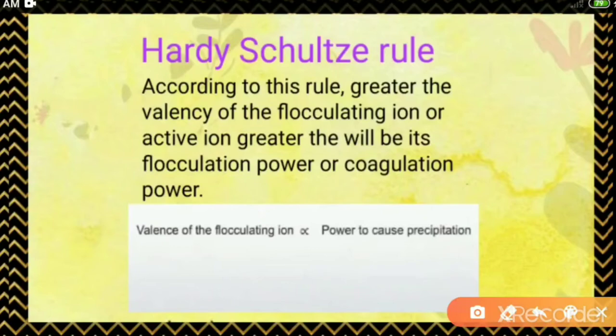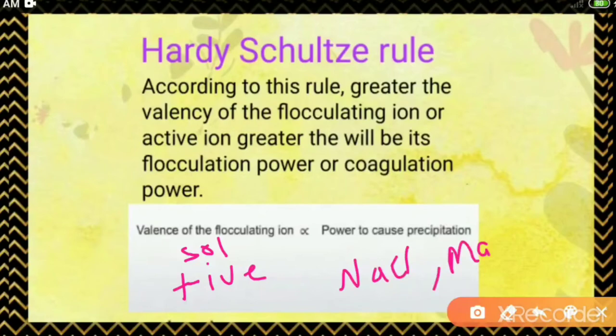That means if our sol is positive and I am using an electrolyte like NaCl, MgCl2 or Na2SO4, which of these electrolytes has greater power?